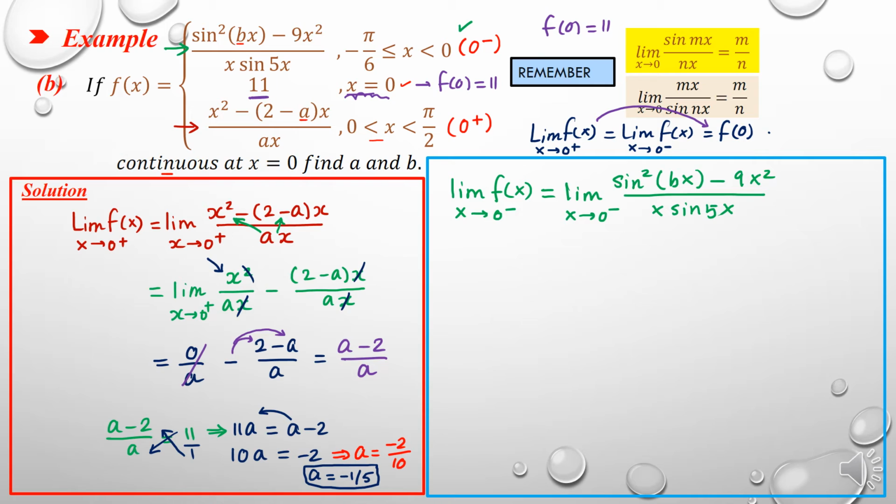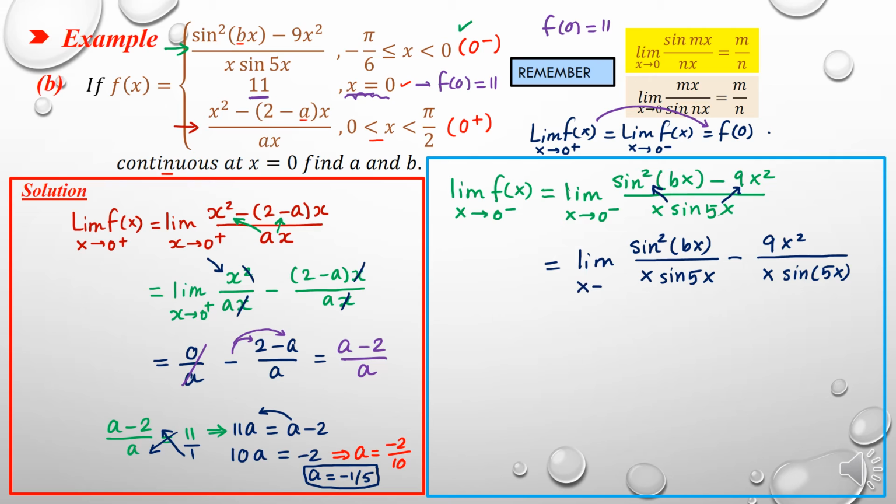Now you have to simplify the function inside and you will get limit of sine squared bx divided by x sine 5x minus 9x squared divided by x sine 5x. So we distribute the denominator for all terms in the numerator.